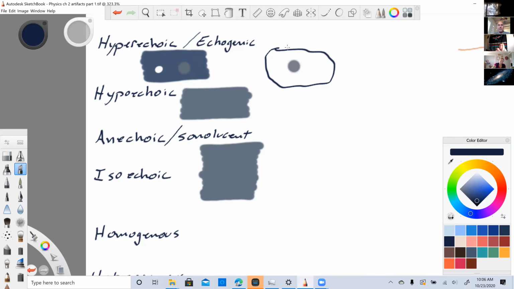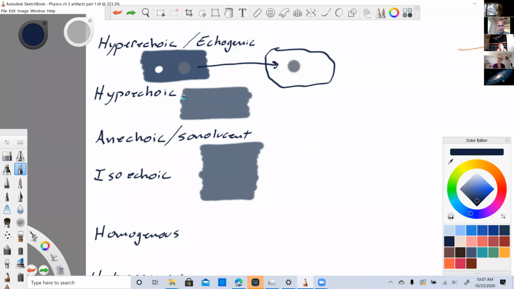Oh, that's weird, it doesn't look like the same color. These two are the same echogenicity, but they're called completely different things because of the background that they're lying in. Over here, it's hyperechoic because it is brighter than the rest. But here, it is actually hypoechoic because it is darker than the tissue around it.